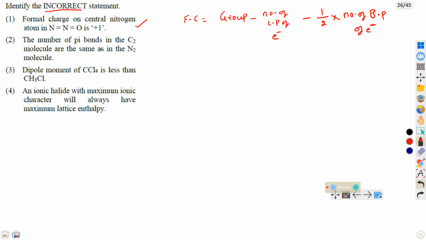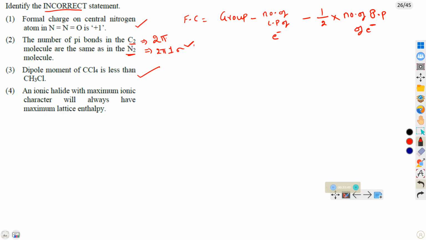The number of pi bonds in C2, according to MOT, is 2 pi bonds, same as that of N2. N2 also has 2 pi bonds, 1 sigma bond. Correct. Dipole moment of CCl4 is less than CH3Cl. Correct.